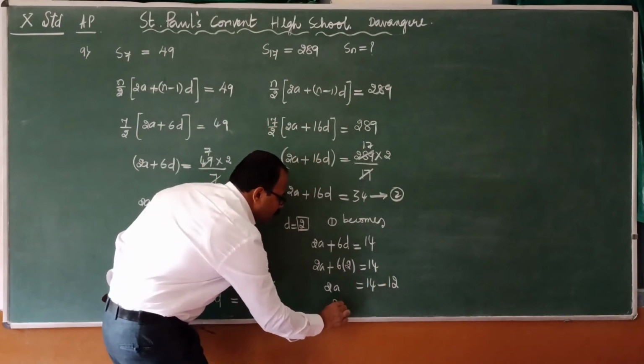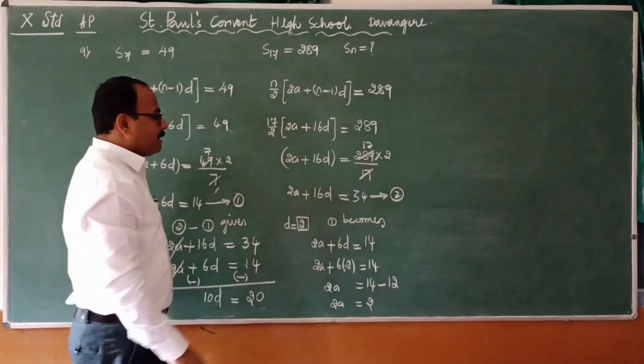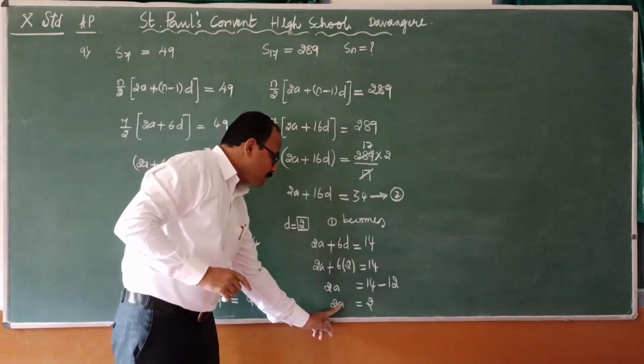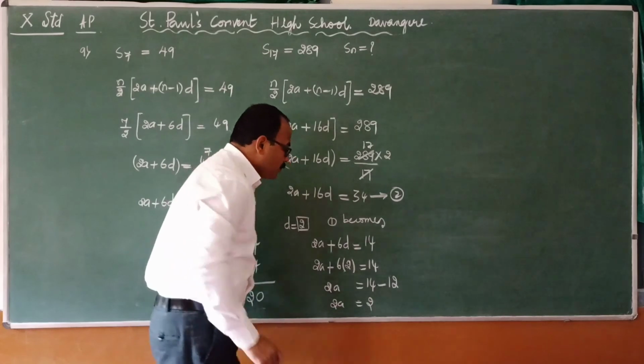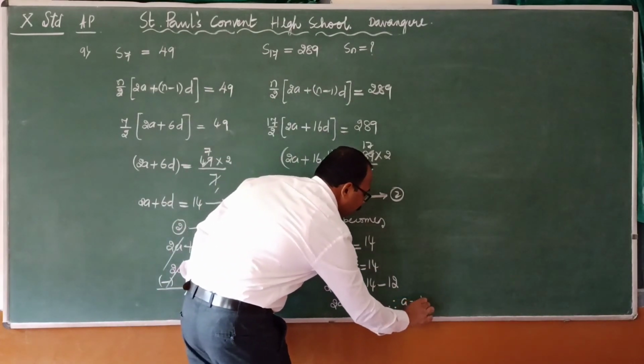Then 2a will be equal to 14 minus 12, that is 2. a will be equal to 1, children, because a is equal to 2 by 2. Therefore, a is equal to 1.